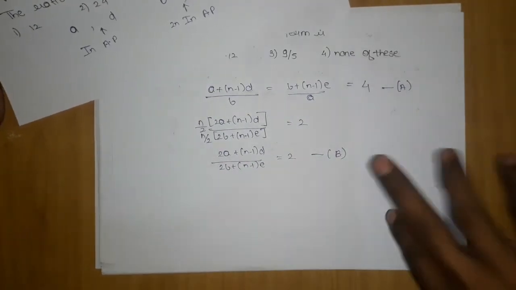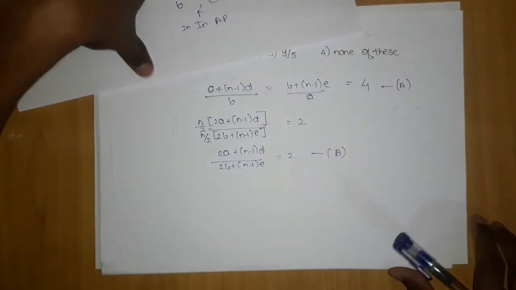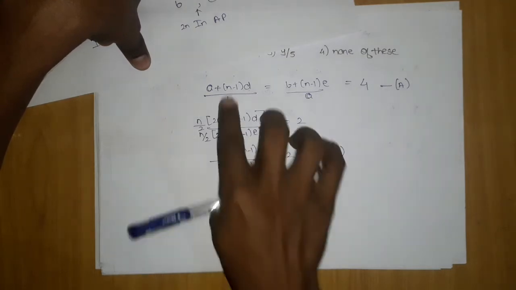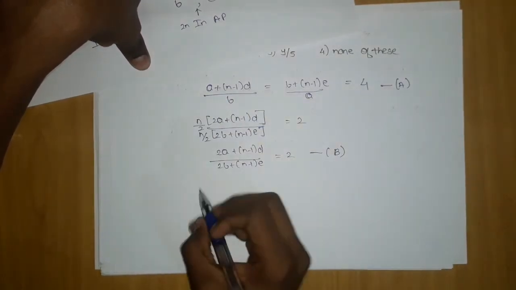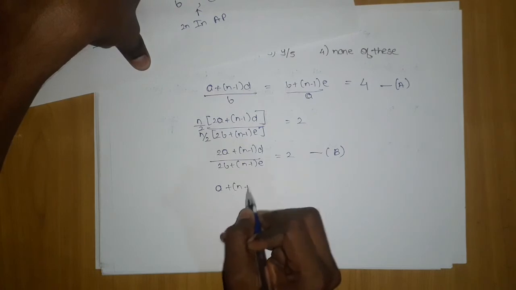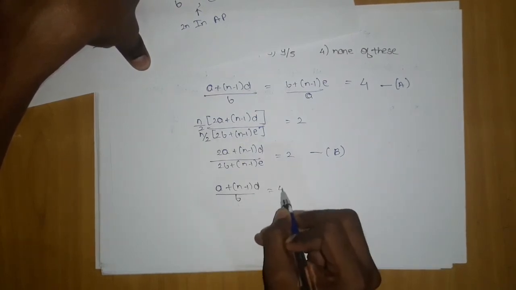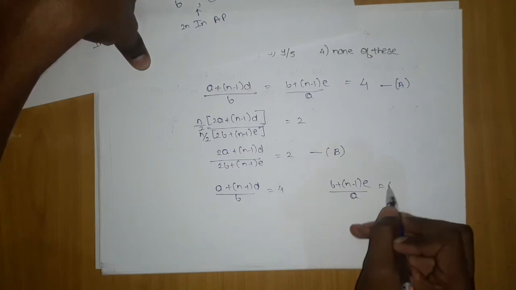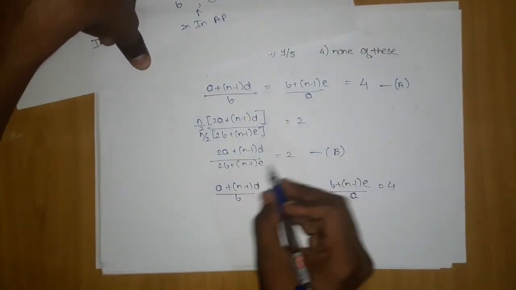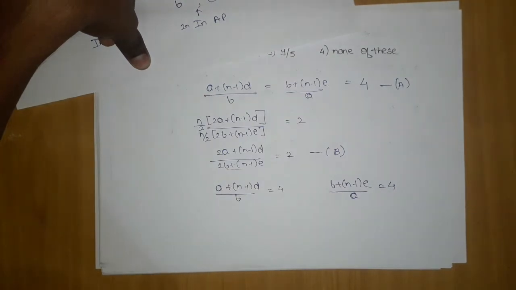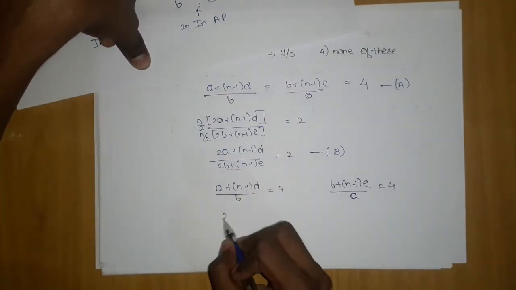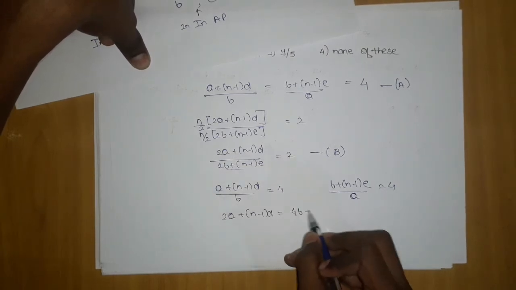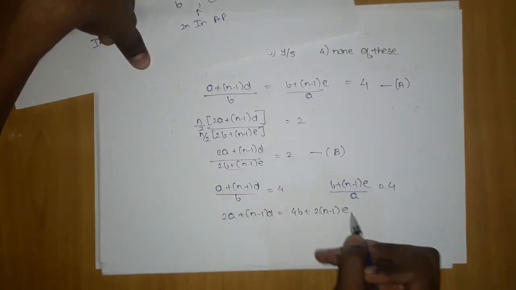Now from these two equations, can I get some more equations? Yes. I will multiply b by 4. I will consider (a plus (n minus 1) into d) by b equals 4, and (b plus (n minus 1) into e) upon a equals 4. Multiplying these, I get an equation: 2a plus (n minus 1) into d equals 4b plus 2(n minus 1) into e.